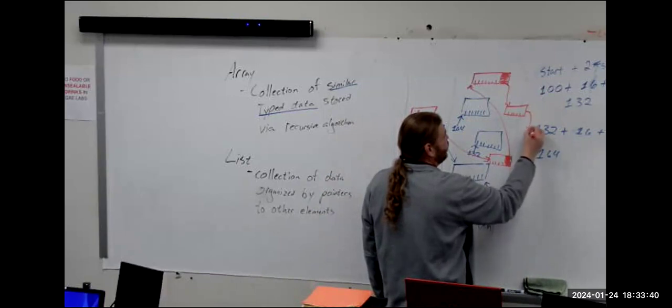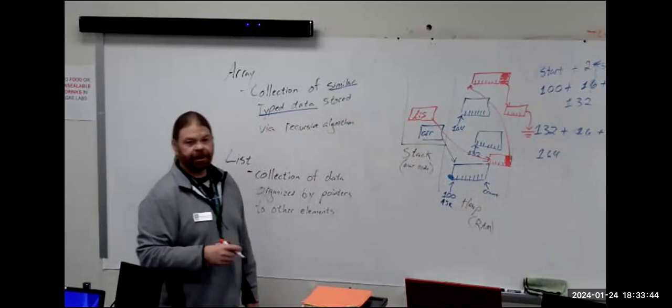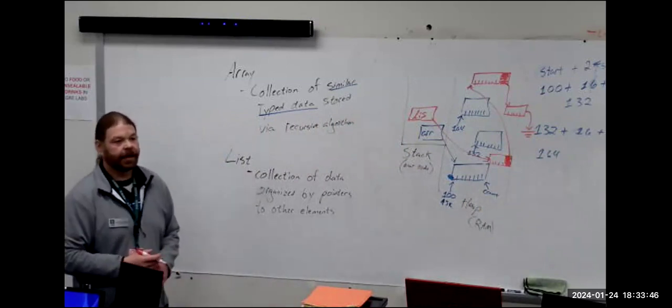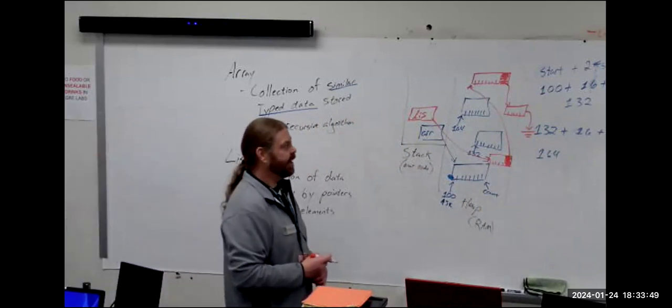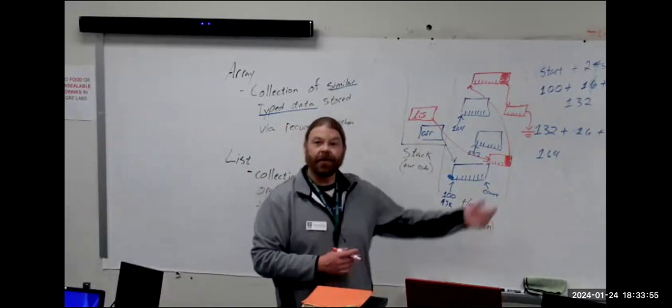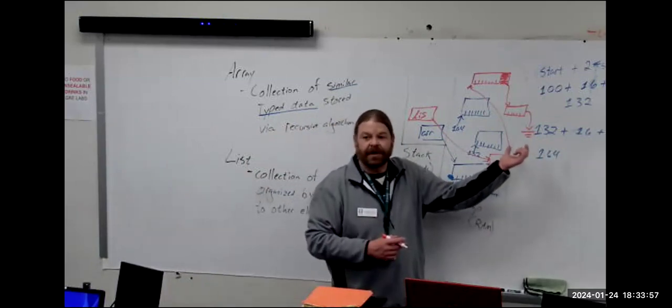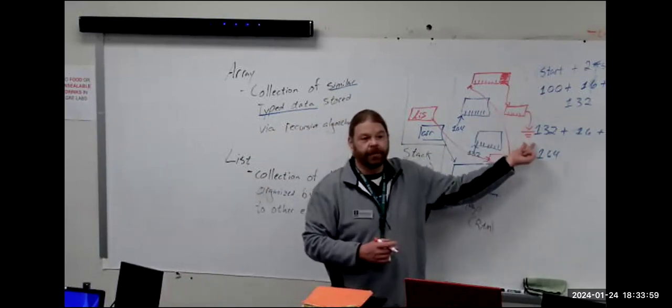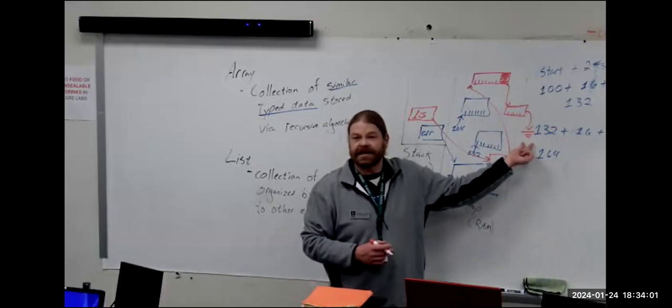And eventually there's a pointer that doesn't go to anything. I'm gonna draw the electrical ground symbol, the null pointer. You may have encountered null pointer exceptions. If we hit null pointers by accident, that's a problem. But if we know it's there, then we just watch for it, and it's a great way to, in this case, mark the end of the list.